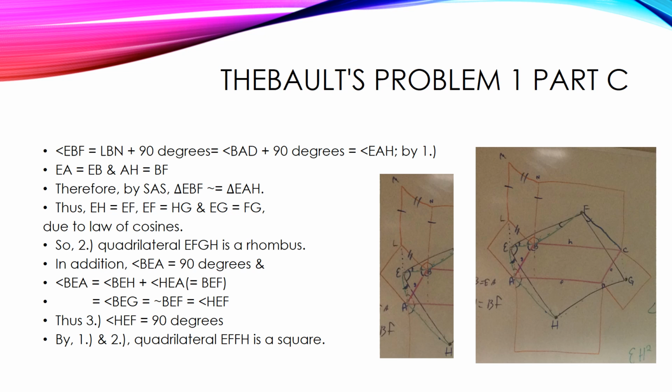Thus, we can say that the angle HEF is 90 degrees. And since we said that one of these angles in the rhombus is 90 degrees, by looking back and taking note of number 1 and number 2, quadrilateral EFGH is a square. And that's it.